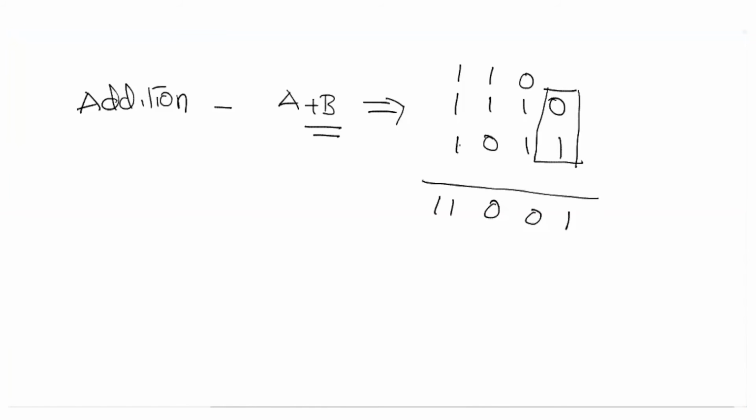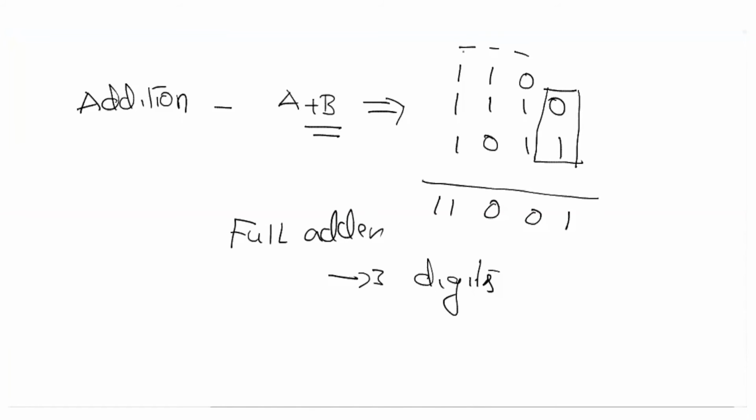So what we do is, we will take a full adder. A full adder adds 3 digits, except at the first stage. All the other stages require 3-digit addition.